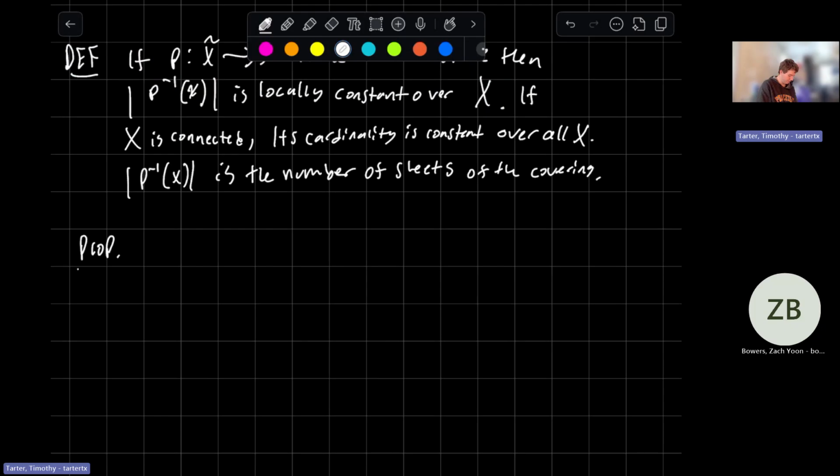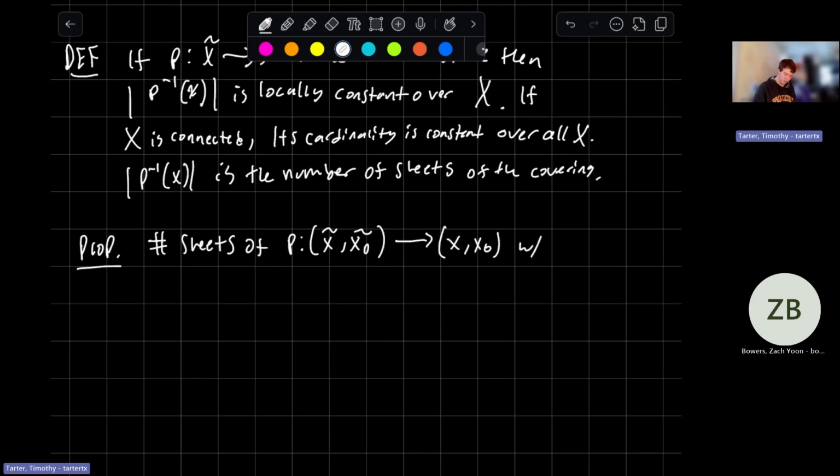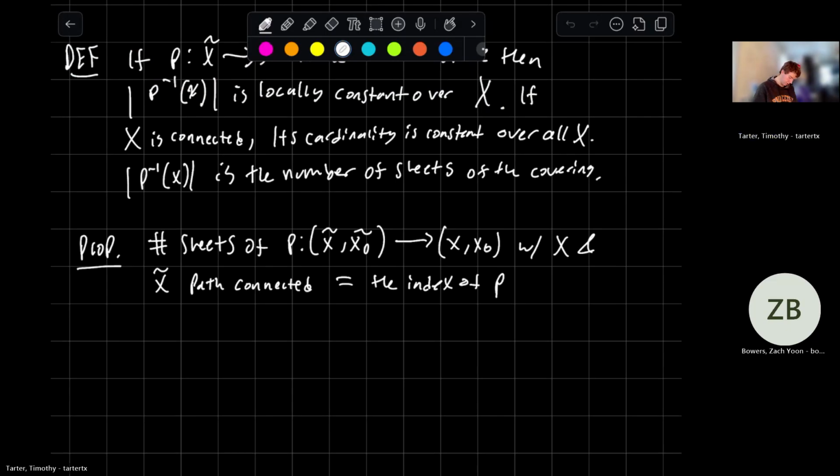And then yeah, this leads to a proposition. The number of sheets of a covering space is equal to the index, and I'm just going to abbreviate this.